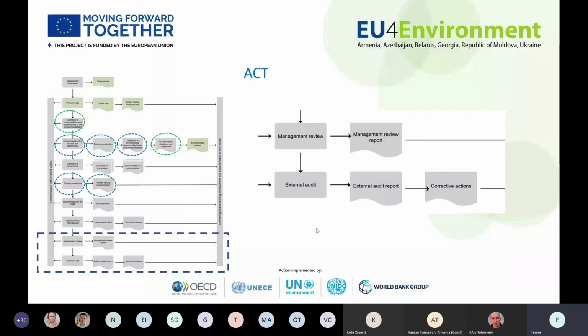One is the management review, which basically is an overall assessment of the efficiency and effectiveness of the system, so that we report back to management: you committed to an environmental management system.